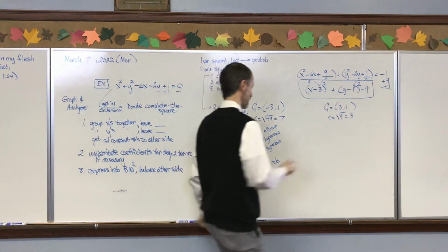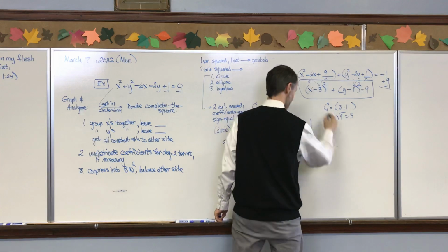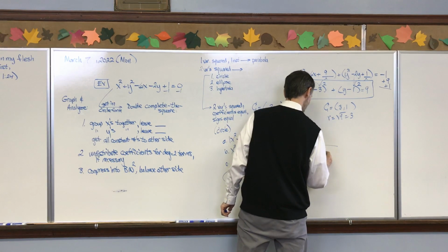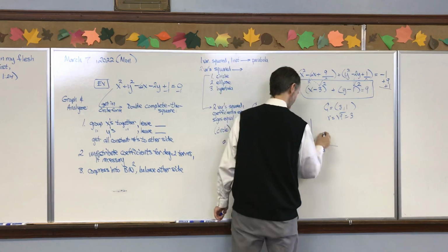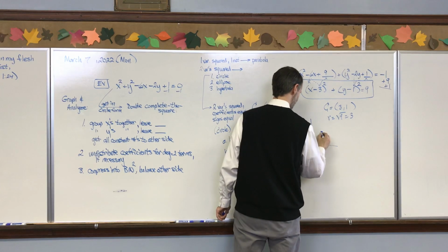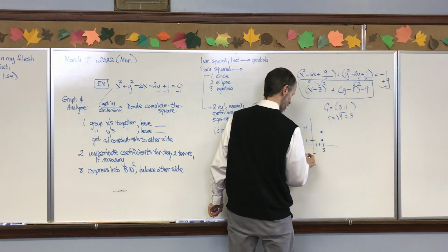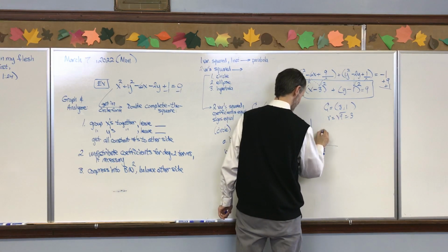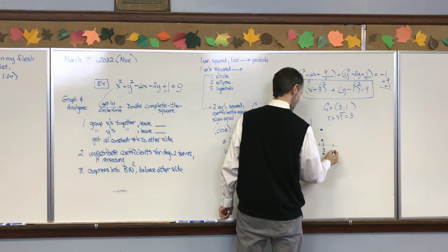Graph it. Nick, take over. Where do you start? Center. Where is it? 3, 1. All right, got it. And always label your stuff. Go ahead. Go up 3. Where would that be? 4. Up at 4, yeah. And then down 3, so negative 2. Okay. You're going to look stupid, but that's okay, not the first time. Go ahead, you can go right 3. Where is that? 6.